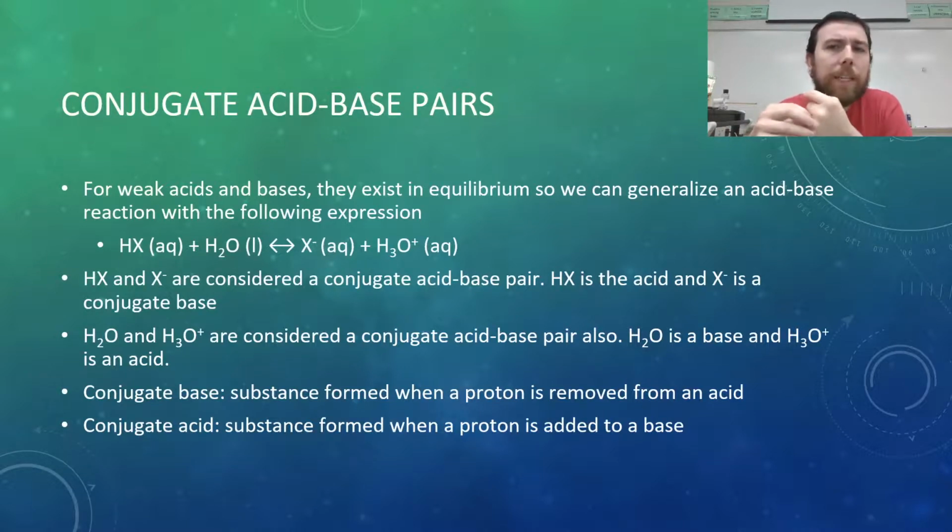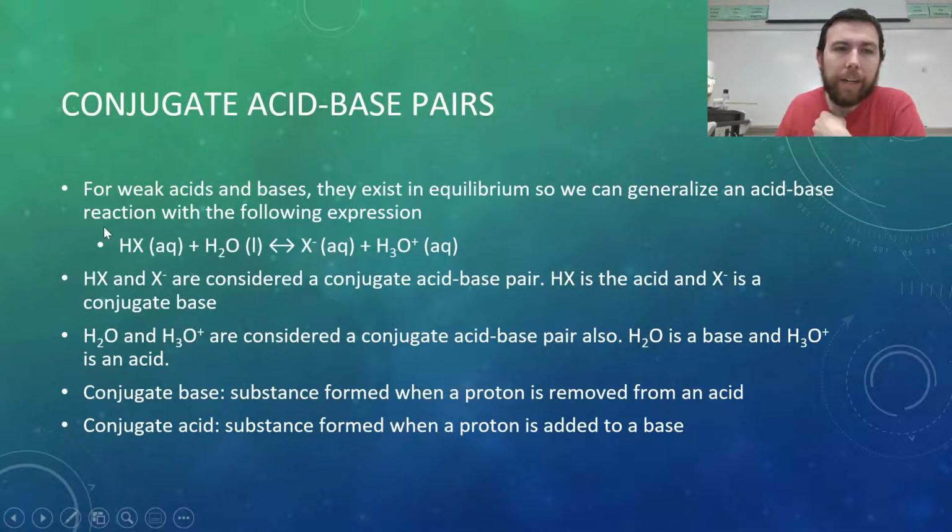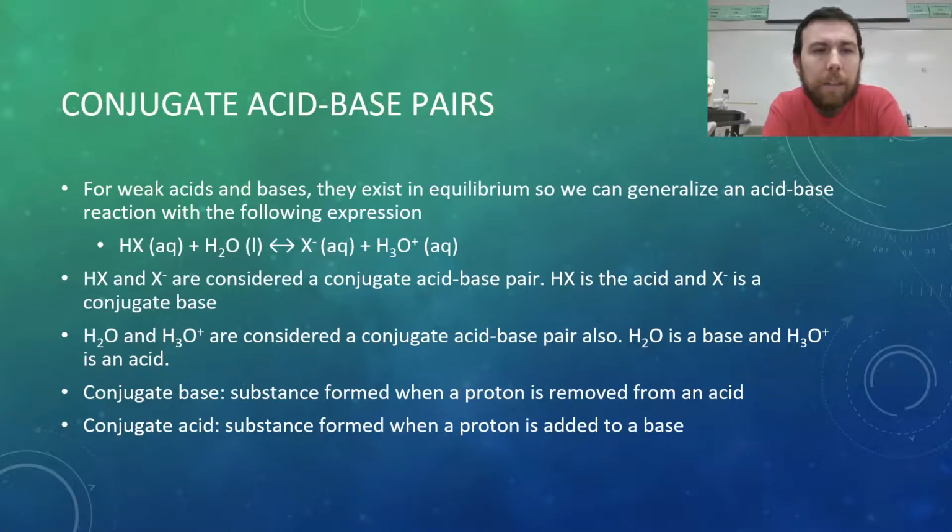What we can do is generalize an acid-base reaction that follows the Bronsted Lowry definition using the following expression. You've got HX, which could be your acid, you've got H2O as your liquid, and then you've got the formation of X minus and H3O plus aqueous, which is the water that gains that additional proton.